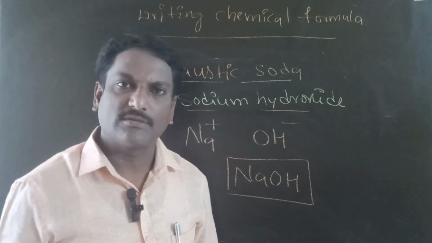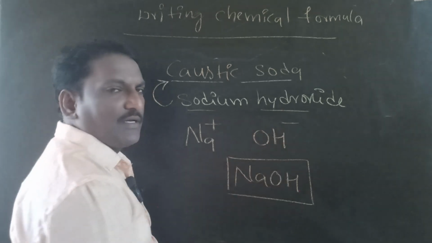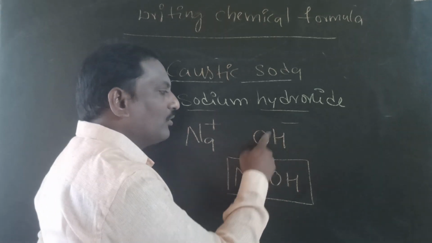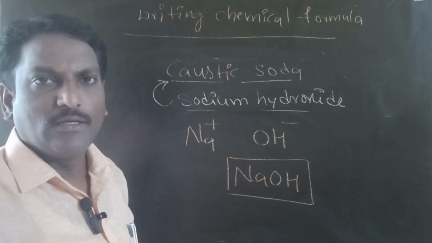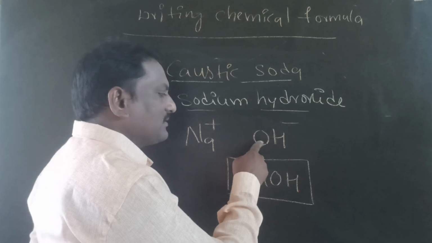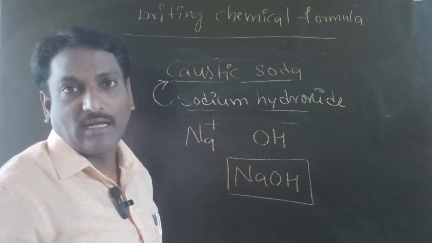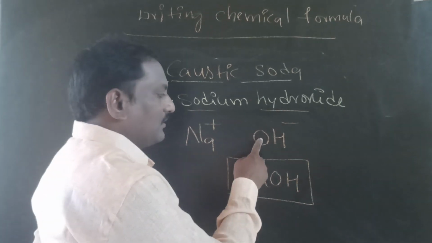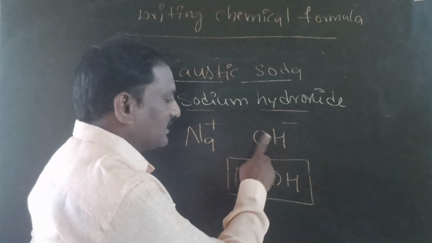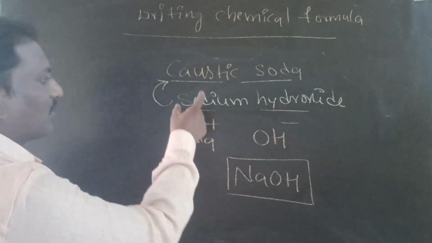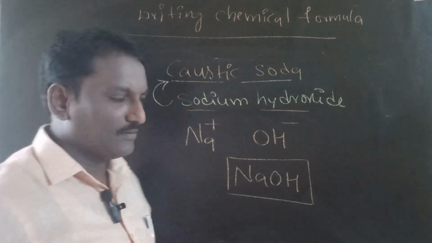Here no need to use bracket, because we are not using more than one polyatomic ion. We are using only one polyatomic ion. Polyatomic ion means an ion consisting of more than one atom of different elements. Here hydrogen and oxygen are there, so it is considered a polyatomic ion. So caustic soda, sodium hydroxide. Is it clear?